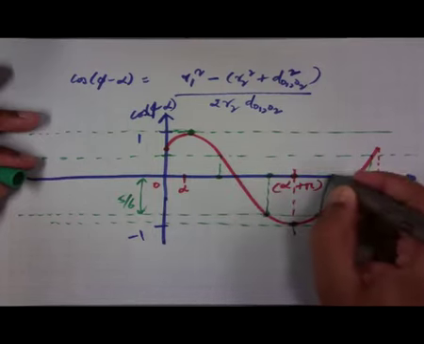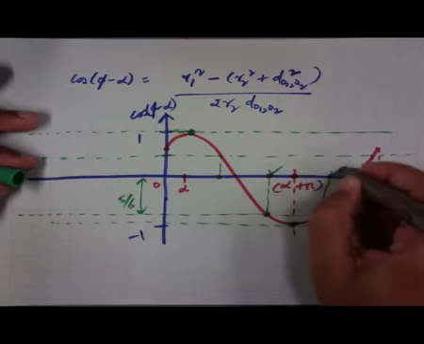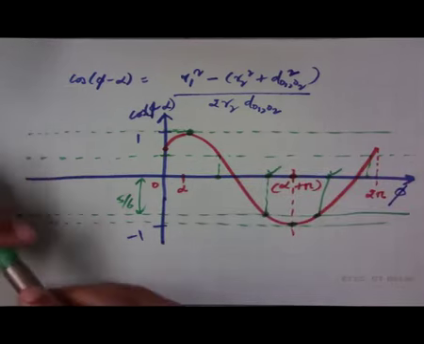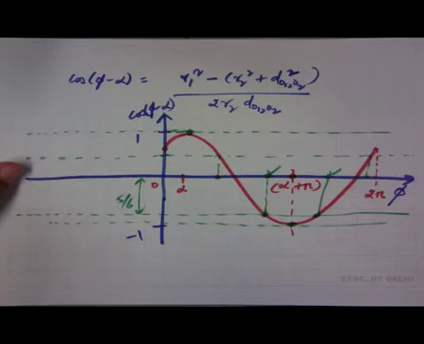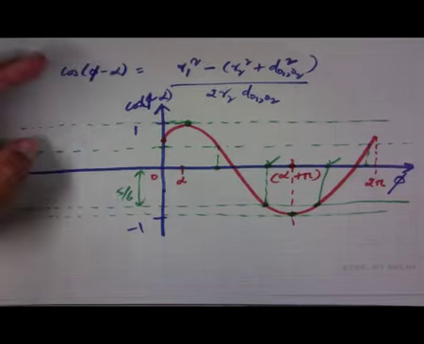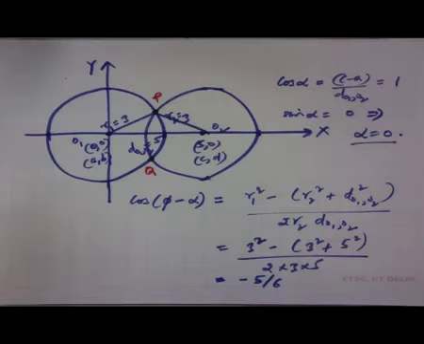So, these are the two values of phi, which will give us cos of phi minus alpha equal to minus 5 by 6.